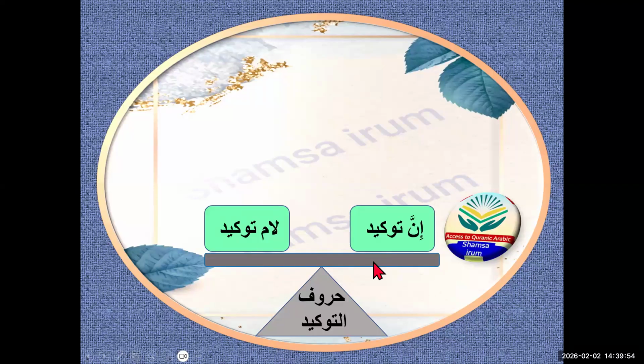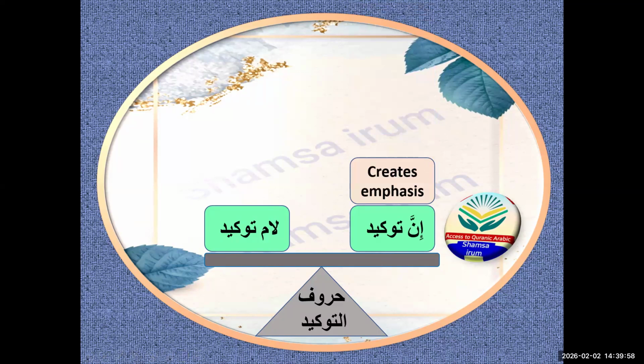So inna creates emphasis. Lamu tauqeed says, I also create emphasis in jumla ismiya. I do the same work. What's the difference then? Inna tauqeed said, hold on, be patient. I will tell you why I'm more powerful than you, why I am more effective than you.